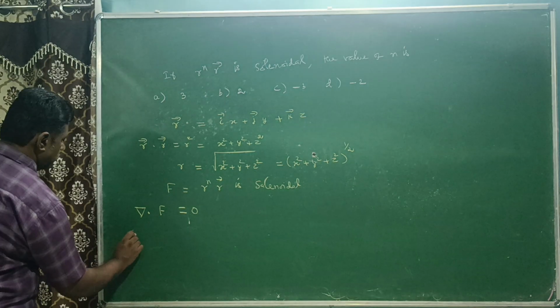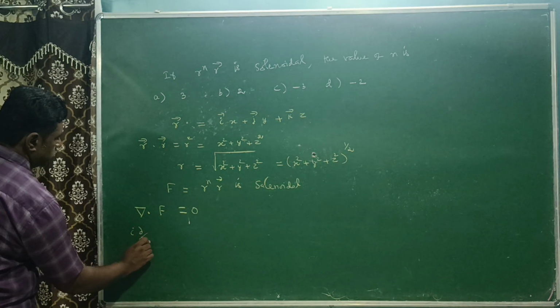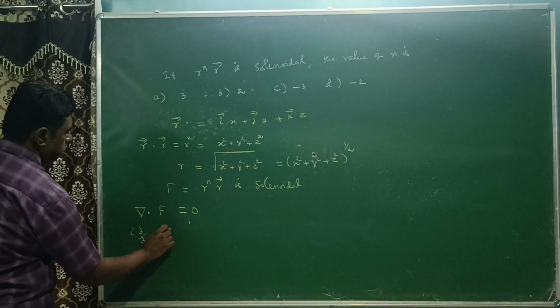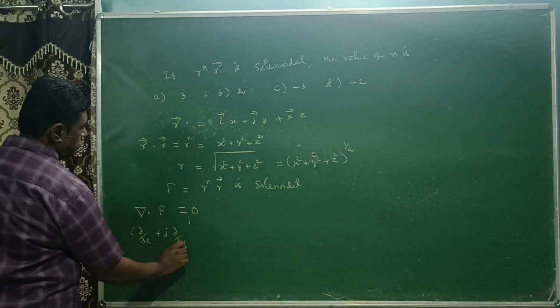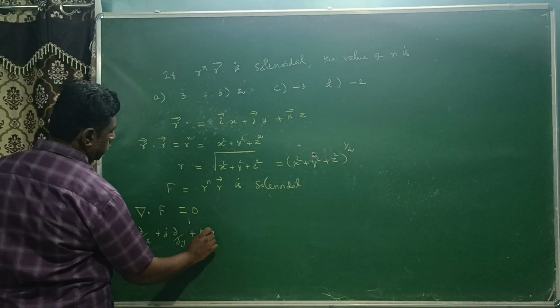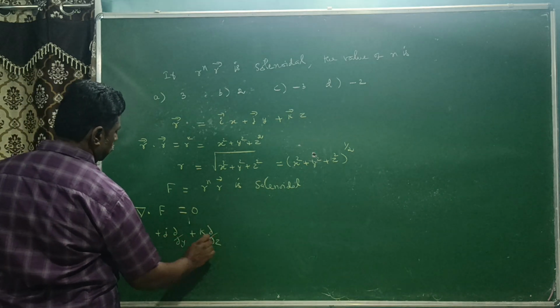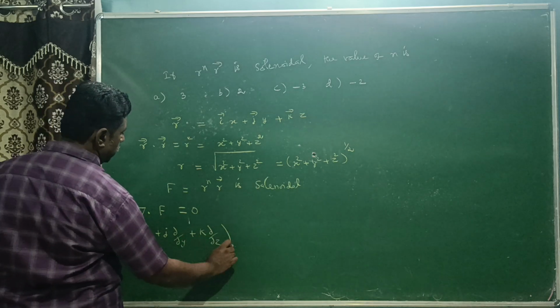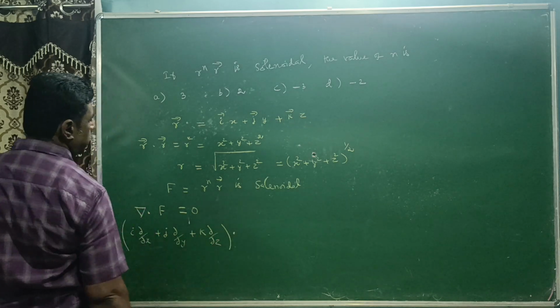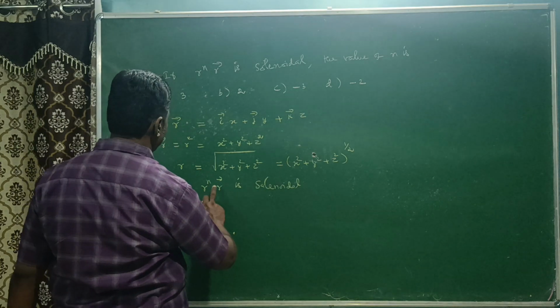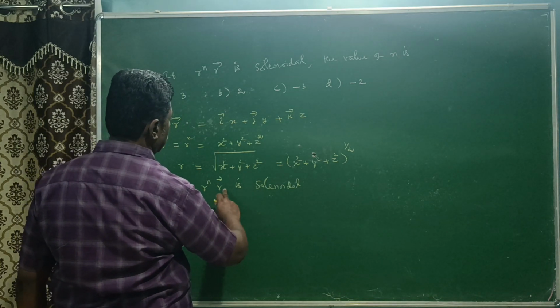Now i ∂/∂x plus j ∂/∂y plus k ∂/∂z is the del operator which operates on r power n into vector r.